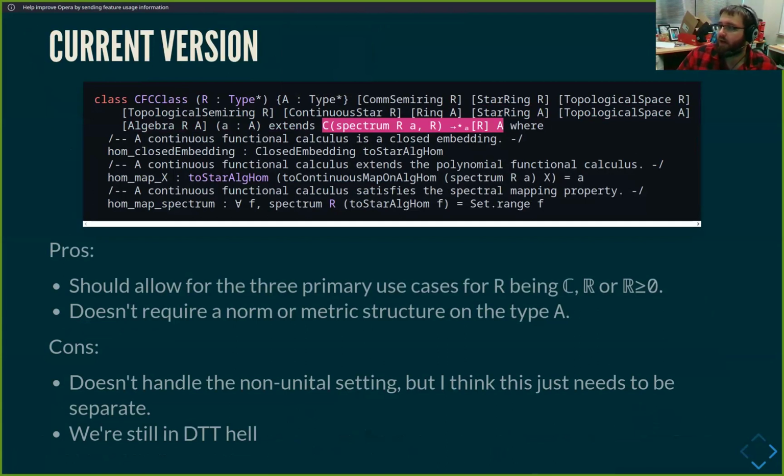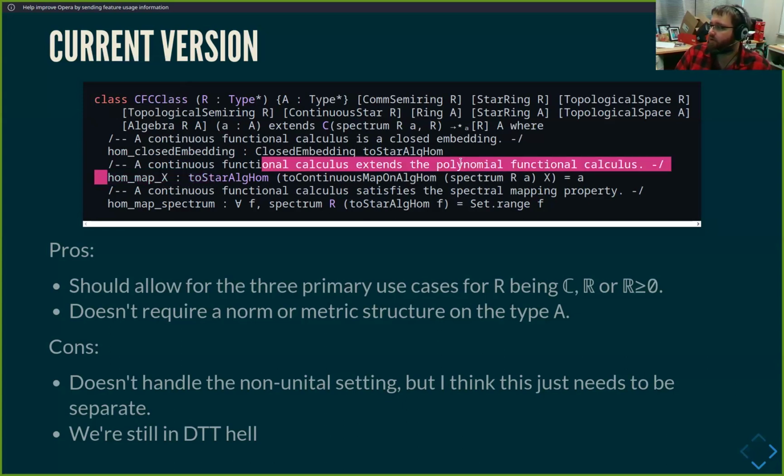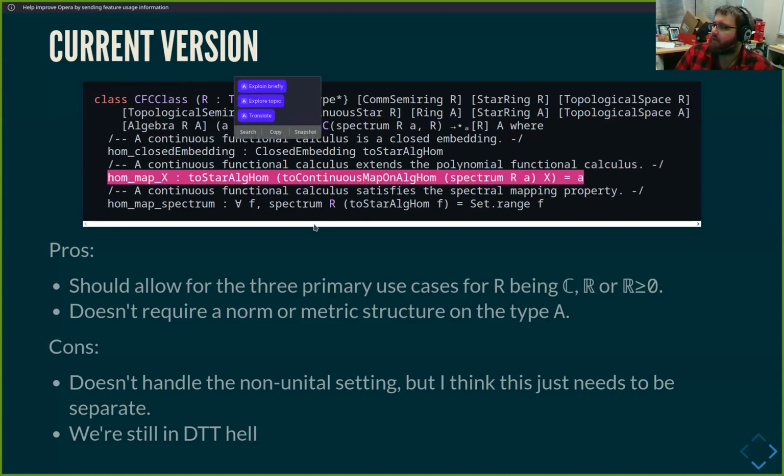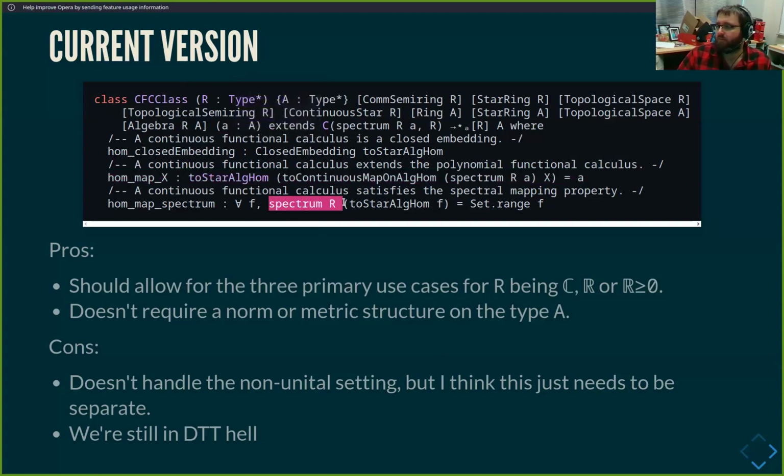It's going to have a few properties: it's going to be a closed embedding, it sends the identity function to A, and the spectrum of the image is just the range of the continuous function F.